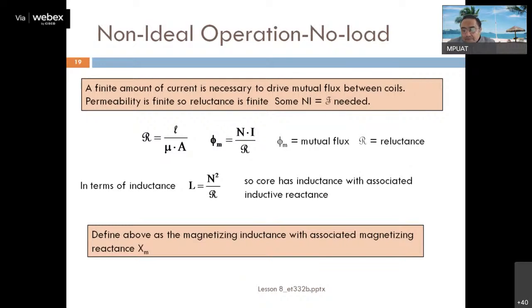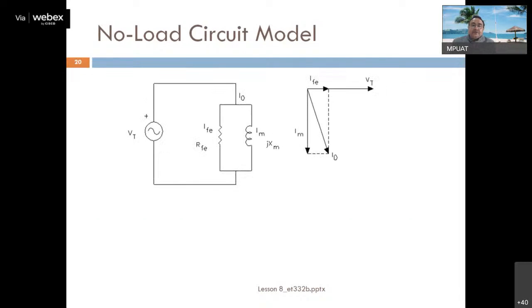The core which we assume in the ideal case has infinite permeability, but it has some inductance associated, due to which it will cause an inductive reactance, and definitely because of the inductive reactance it will draw some magnetizing current. Because there will be a drop across it, it will definitely draw some magnetizing current.